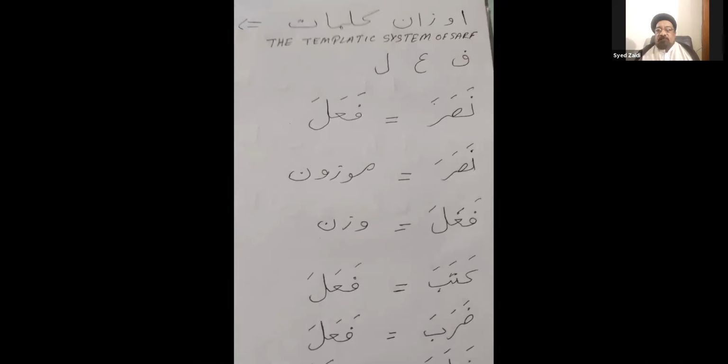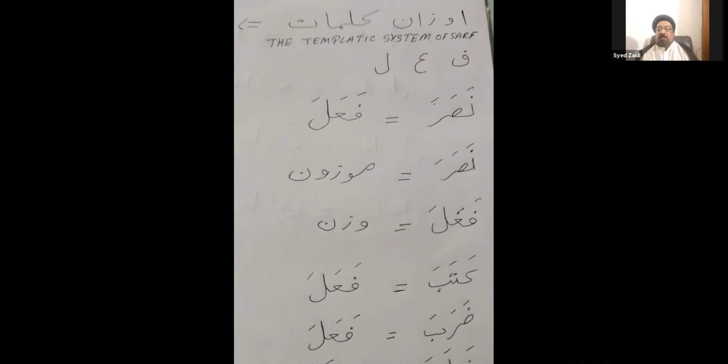Now you have the word, for example, nasara. Nasara is the mawzoon, and the wazn, or the scale, is fa'ala. Kataba is equal to fa'ala.